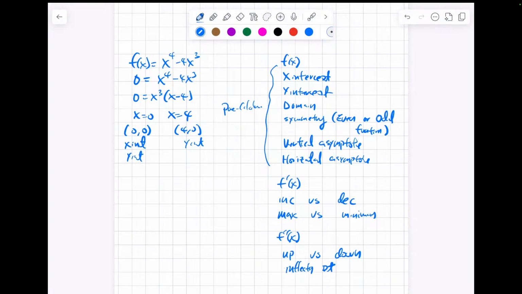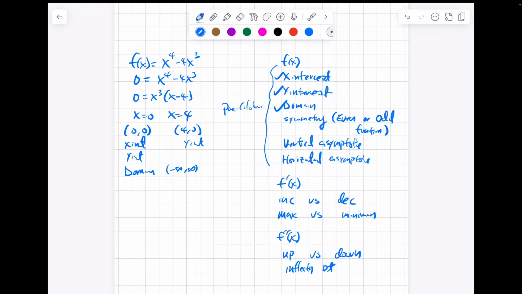So we know the x-intercept and y-intercept. Do we know the domain? Negative infinity to infinity, because x can equal anything, so we know the domain. Do we know the symmetries? How do we tell the symmetries? Isn't it your highest power?